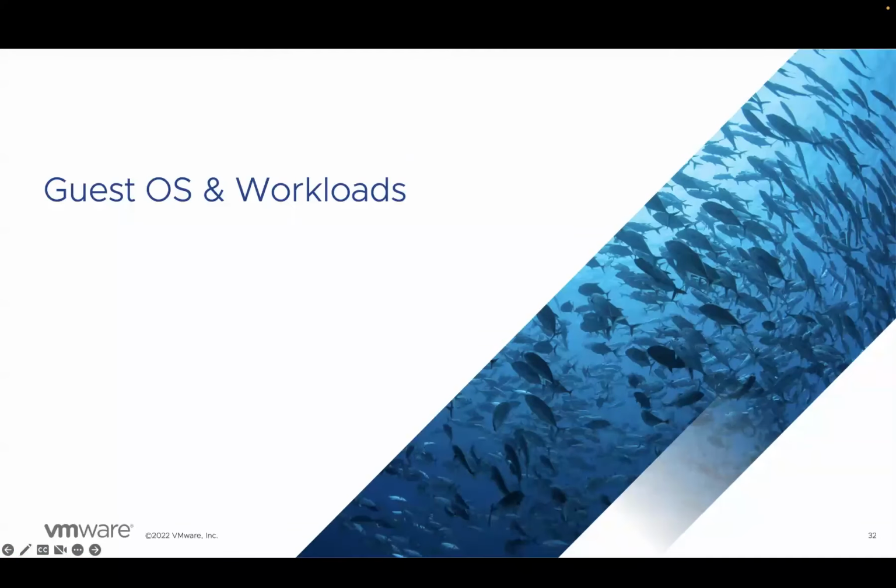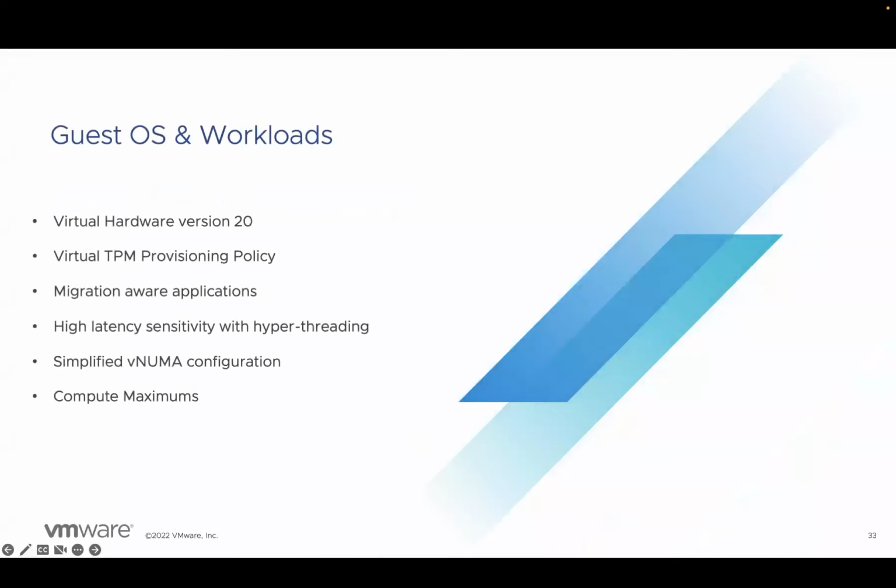Now let's look at some of the updates in the areas of guest OS and workloads. So like any other vSphere release, we introduce a new hardware version. We're up to 20 with vSphere 8. We're introducing something called a virtual TPM provisioning policy, and we'll talk about that and how it'll help deploy our Windows 11 workloads at scale. We're helping those very sensitive applications become vMotion aware.